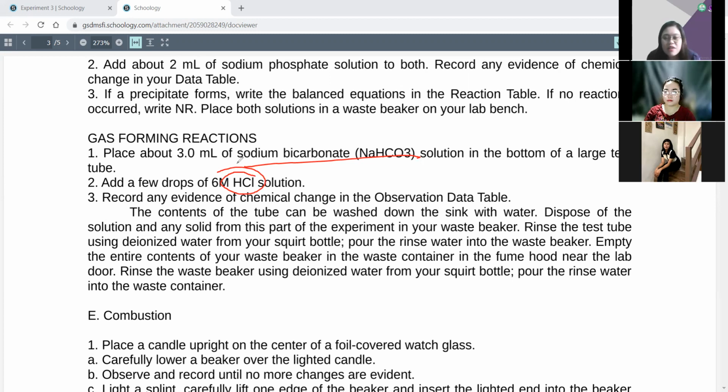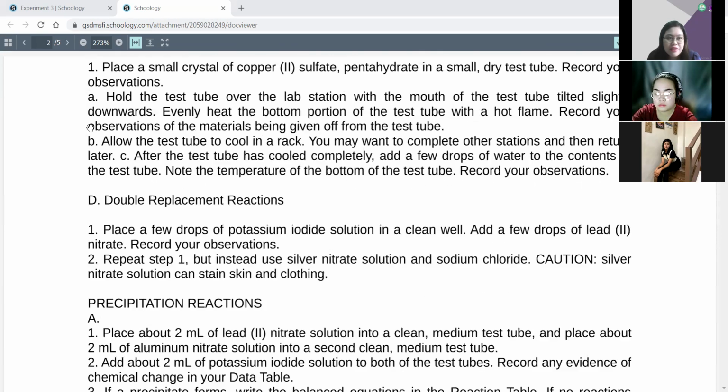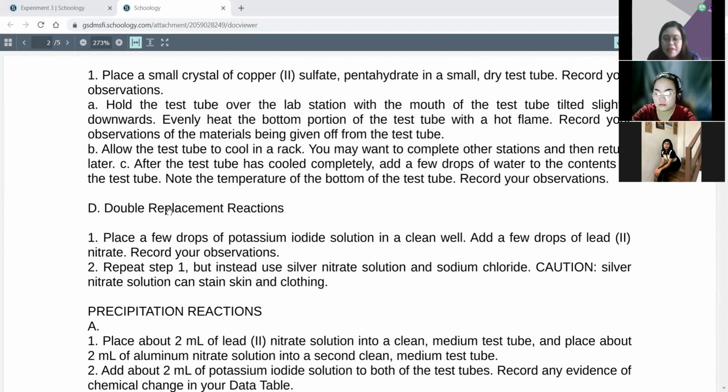Since this is a gas-forming reaction, what we are looking for here is the formation of bubbles when hydrochloric acid and sodium bicarbonate react. Okay? That is what we are looking for in that reaction. But nevertheless, that's a neutralization reaction, and that is still under, let's go back, double replacement reaction.